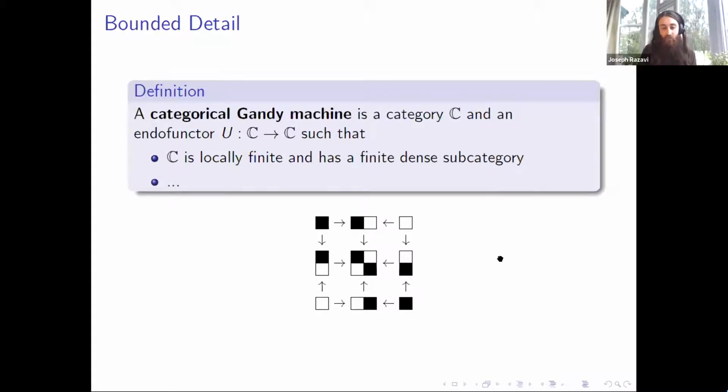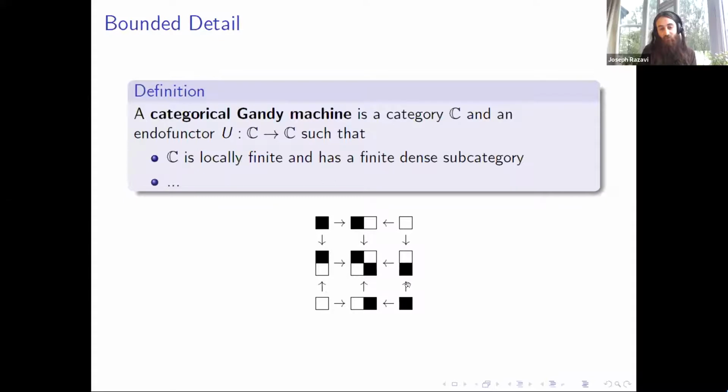So in our category of black and white grids, if we look at this 2x2 grid in the middle of this diagram here, we can consider all of the morphisms from single cells and little strips of 2 cells into this 2x2 grid.